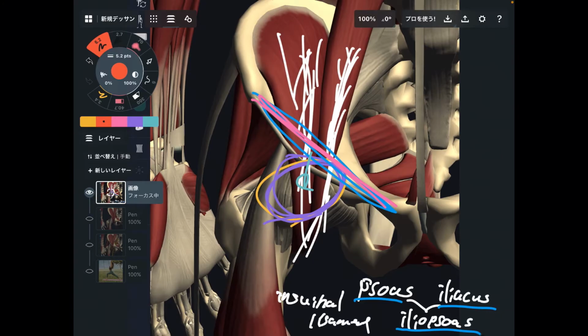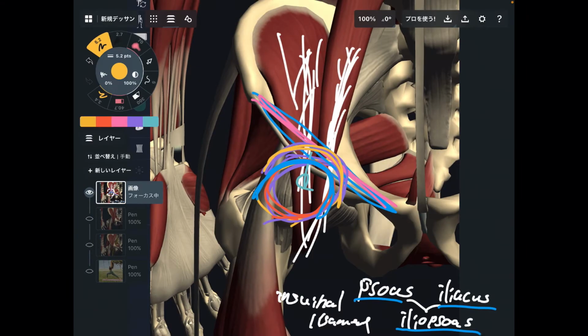Imagine there is the head of femur like this, and this head of femur fits into the acetabulum. This concave surface of the pelvis is called the acetabulum. It's like a ball and socket joint. The ball is the head of femur right here, and the socket is the acetabulum like this.